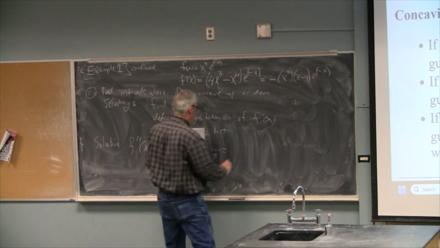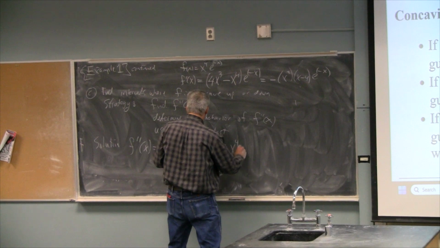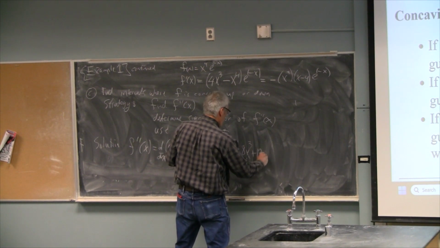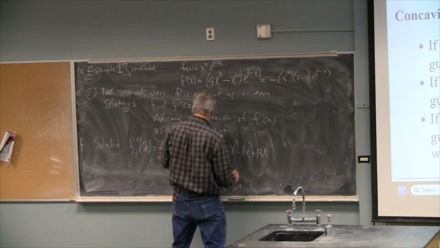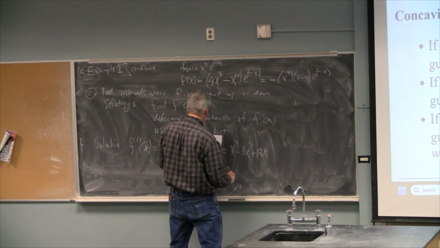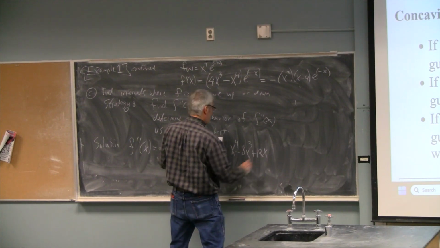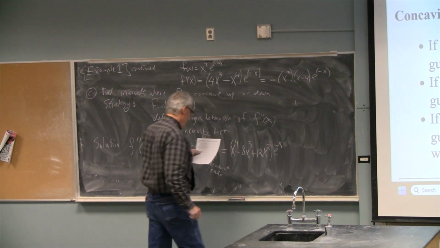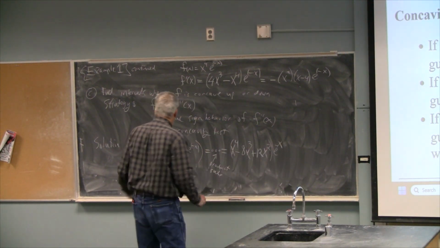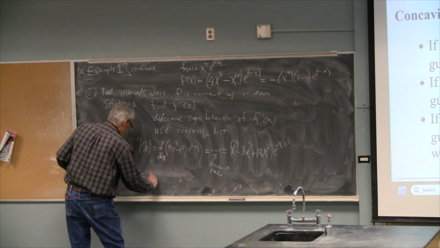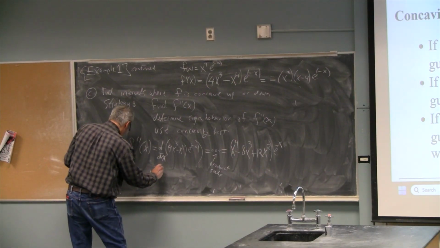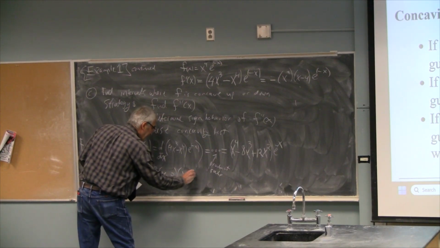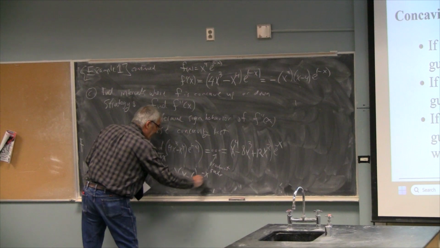You get x to the fourth minus 8x cubed plus 12x squared, e to the minus x. And that factors as x squared, x minus 2, x minus 6, e to the minus x.